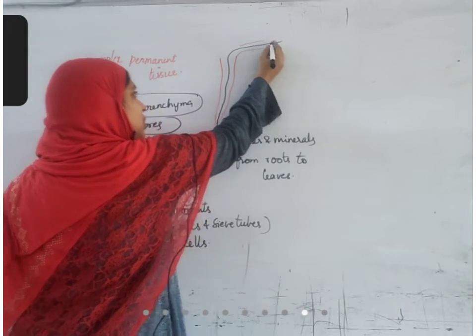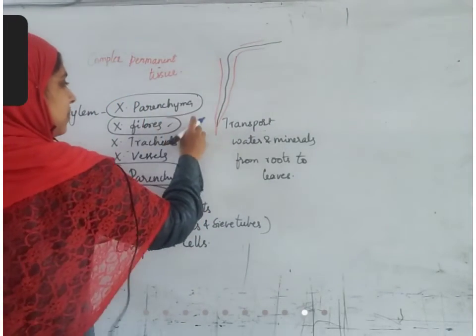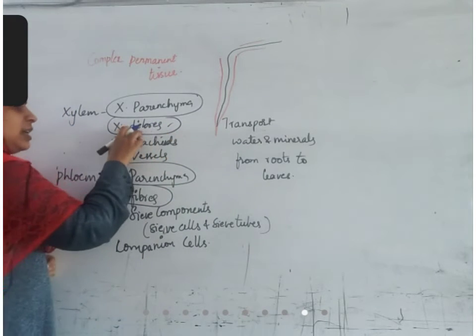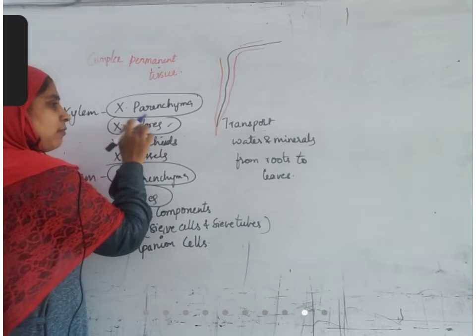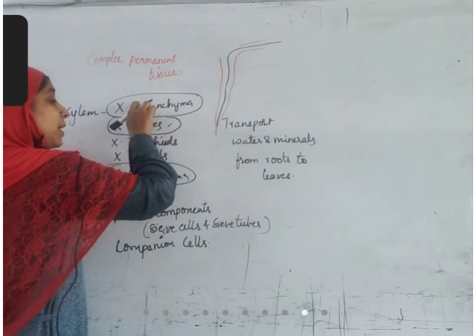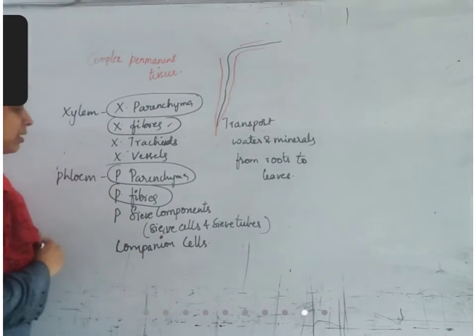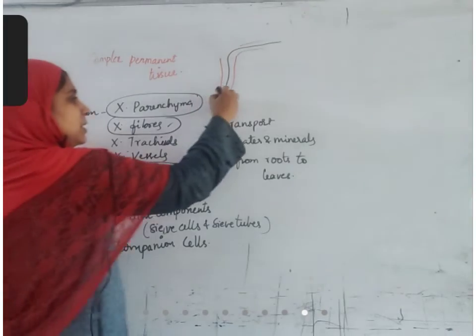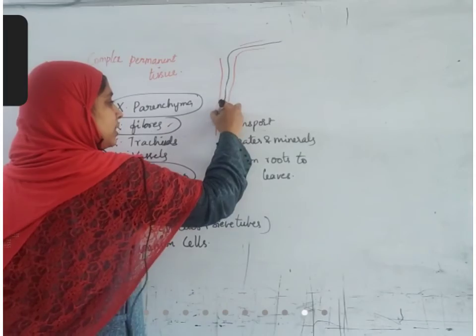In association with that xylem tissue, whatever fibers or sclerenchyma tissue is present, those are called xylem fibers. In association with this conducting tissue, whatever parenchyma is present is called xylem parenchyma. Just beside phloem there will be xylem.